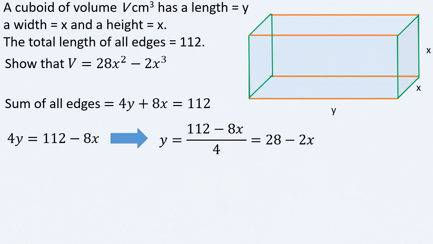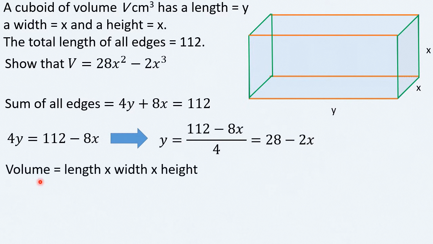We turn now to the volume, and as we know, the volume of a cuboid is equal to the length times the width times the height. We know, of course, that the length is y and the width and the height are both x, so the volume is equal to y times x times x, which is y times x squared.